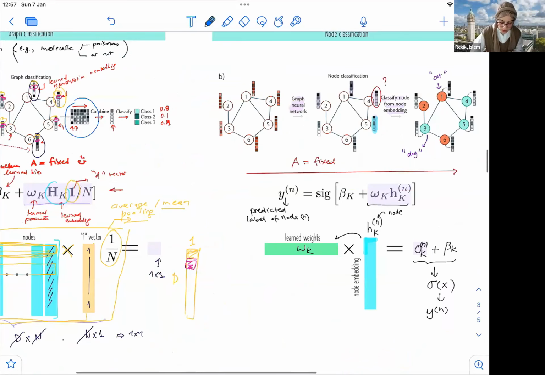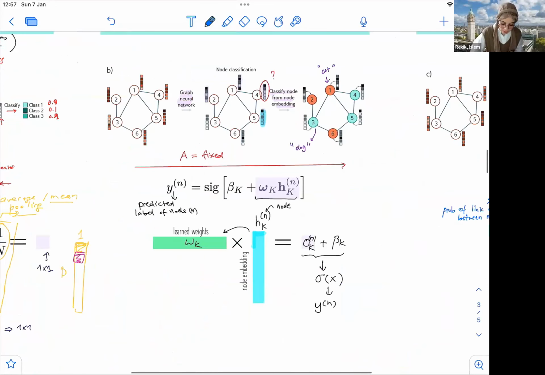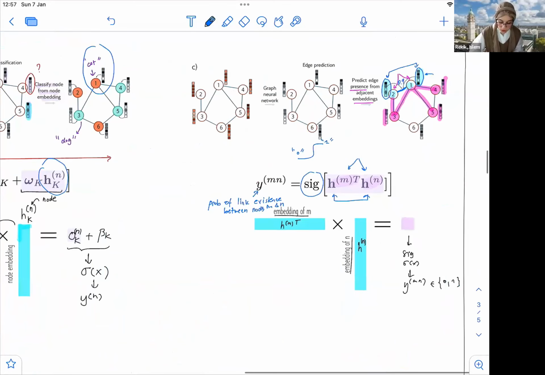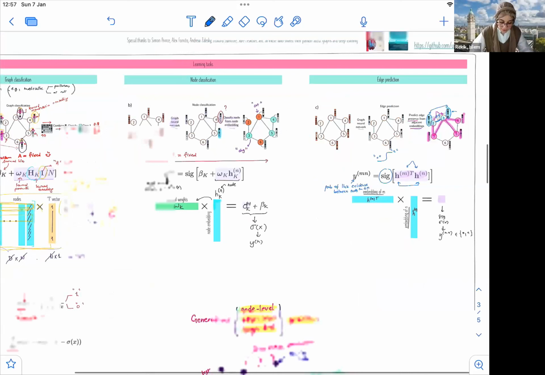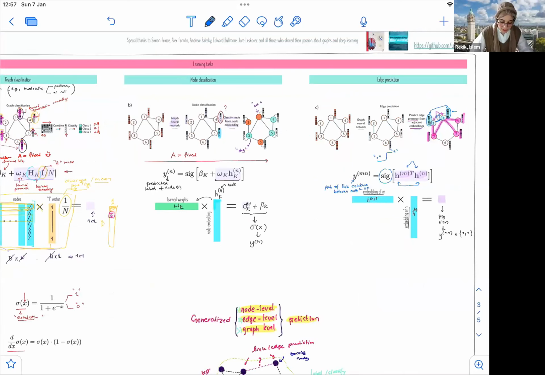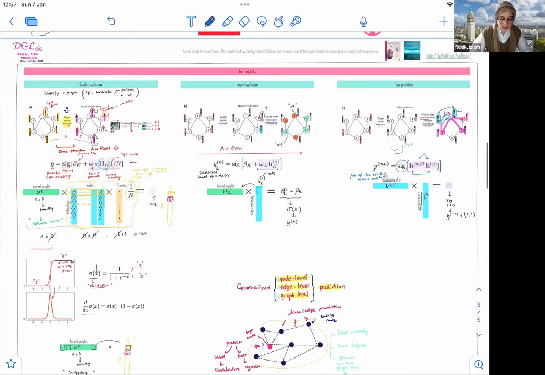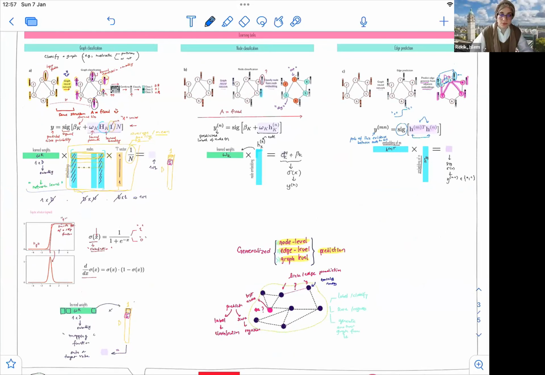If you're going to classify only a node, you will check the embedding of a particular node N. If you're going to do a link prediction, you need to check the embedding of 2 adjacent nodes, okay? So it's all about learning this embedding or this feature representation using these graph neural networks. And once we learn how to do that, any task is easily solvable. You can use these simple mathematical projections and linear algebra and equations and some nonlinearities for probability prediction to just get what you want, all right?